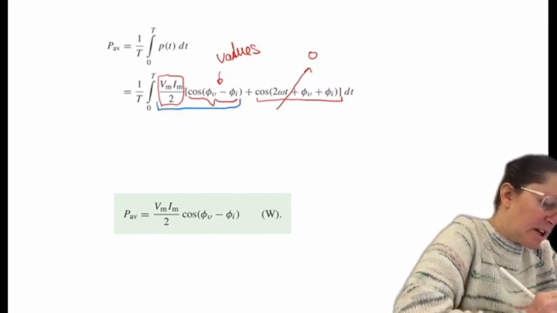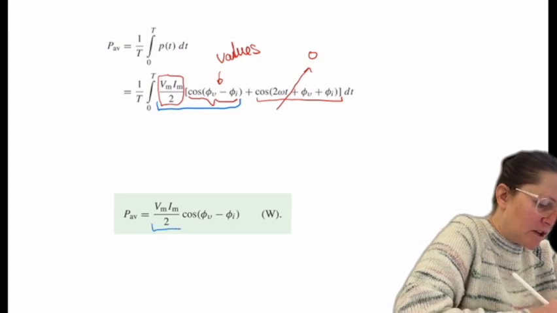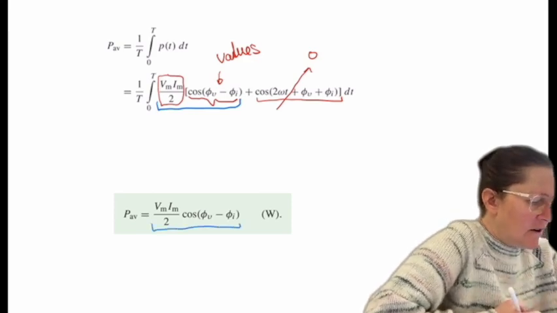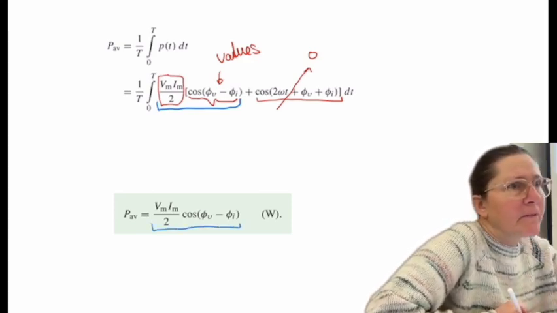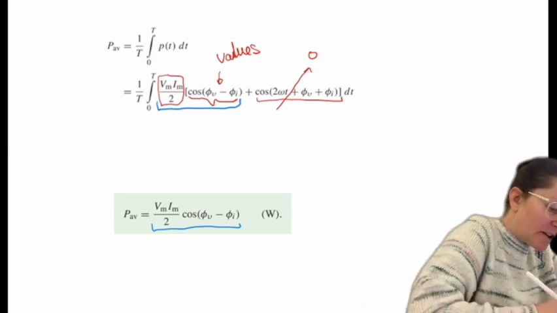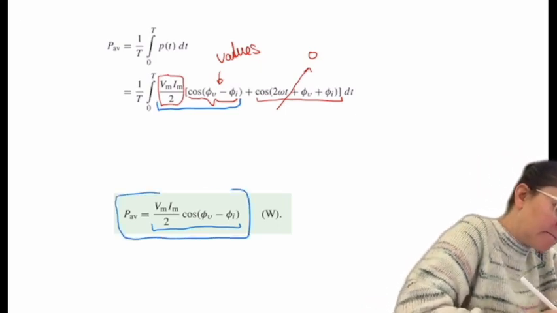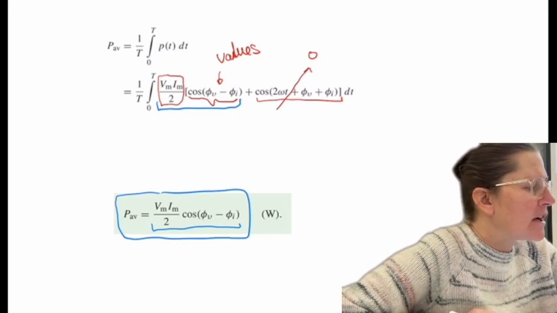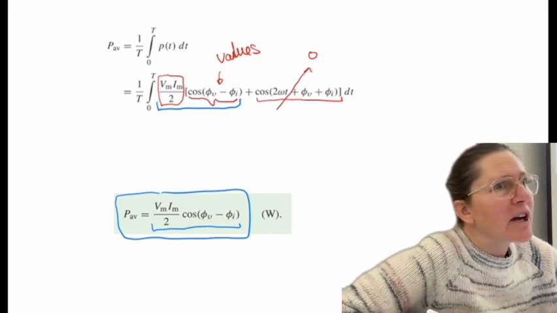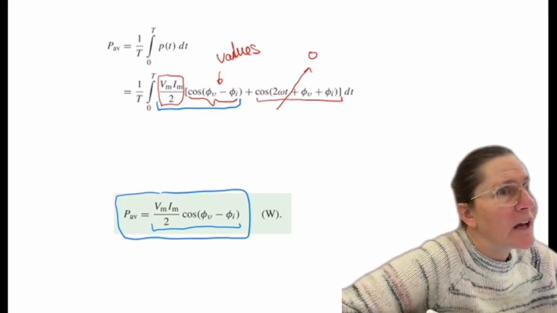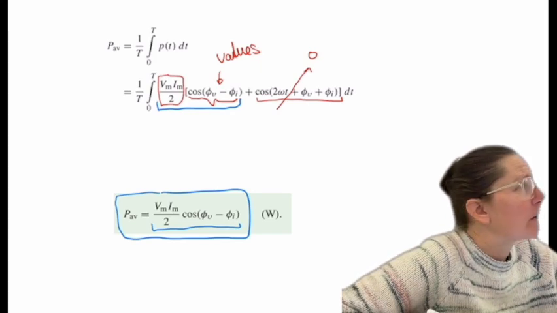And so it just becomes that value times T over T. And so this is actually your average value: you just take the magnitudes divided by 2 and then the cosine of their angle difference.